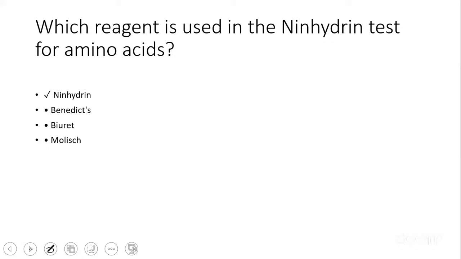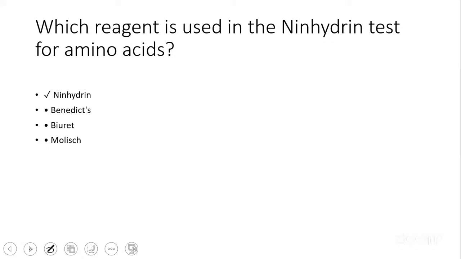Which reagent is used in the ninhydrin test?